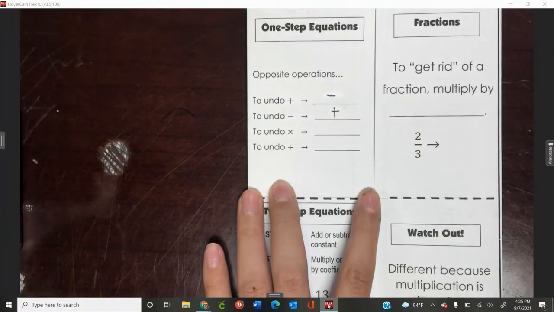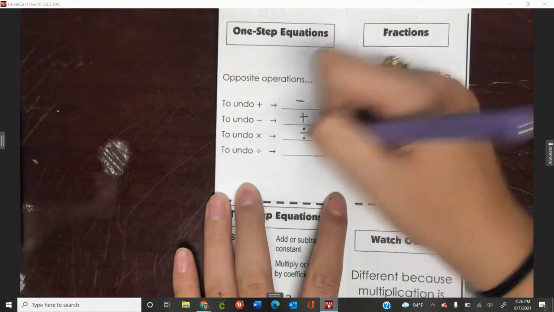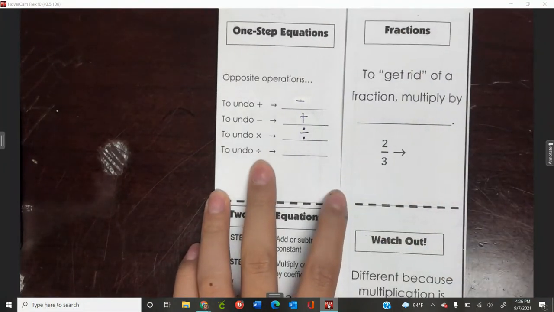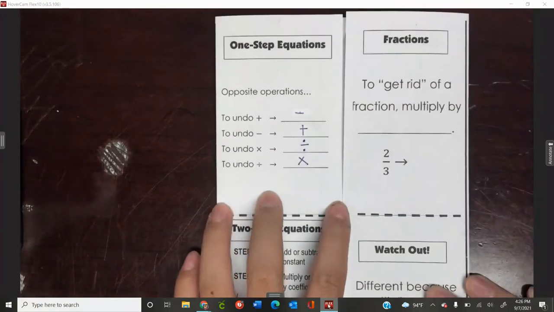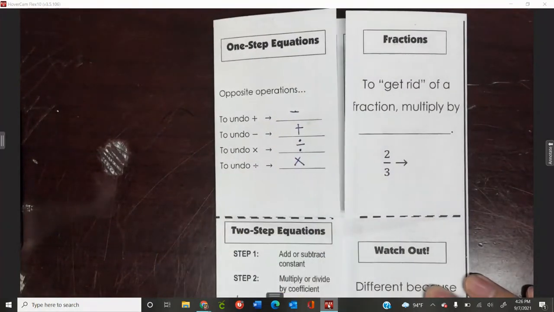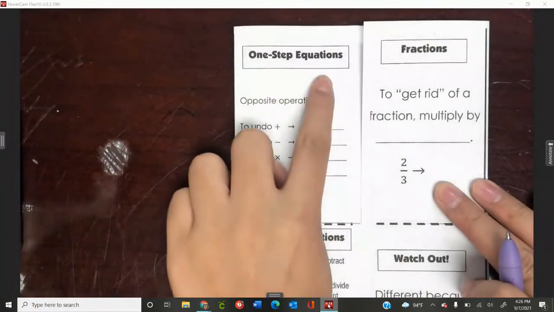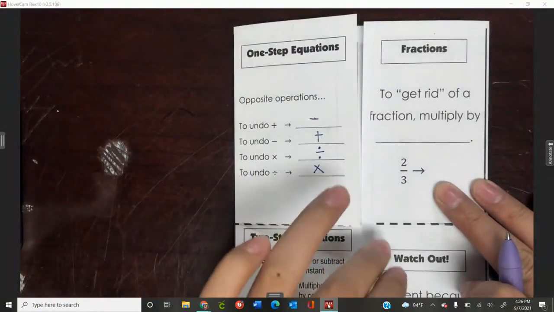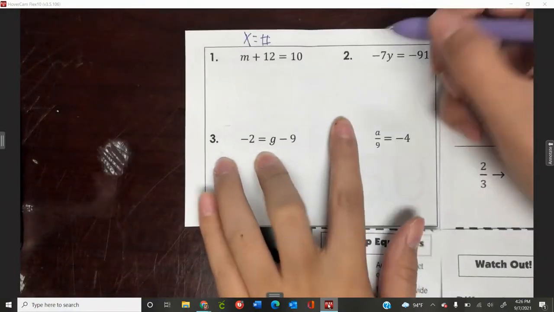If you wanted to undo multiplication, the opposite would be division. And if you wanted to undo division, the opposite would be to multiply. So it's important that you understand how to cancel that out. So for one-step equations, our goal is finding the value of our variable.